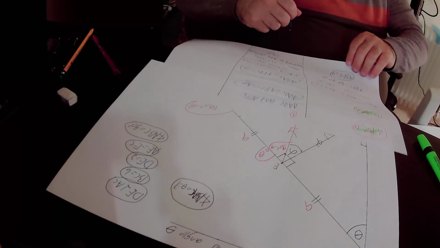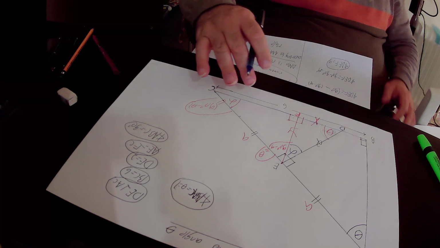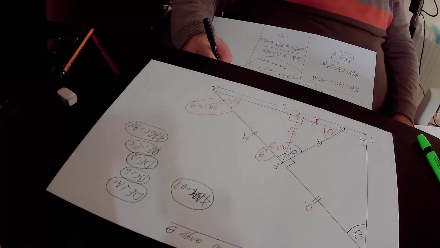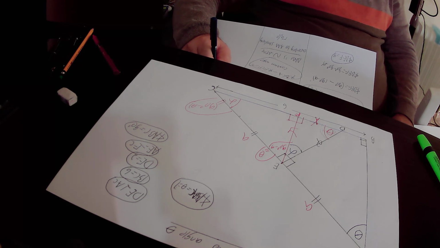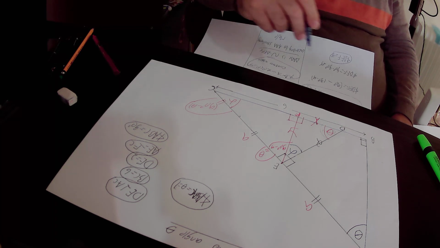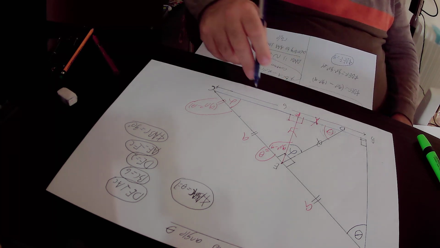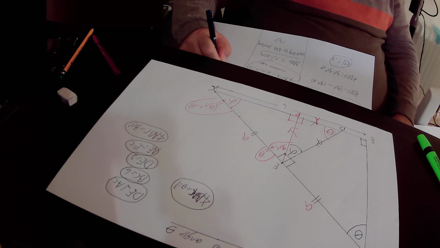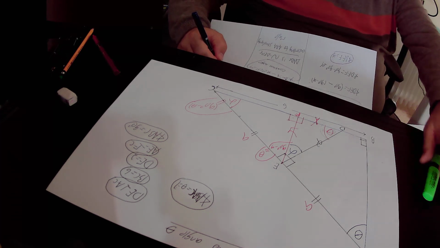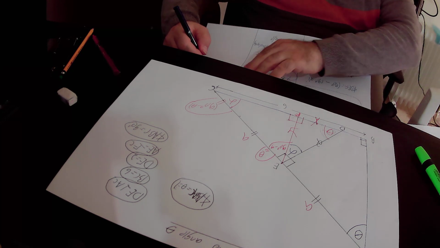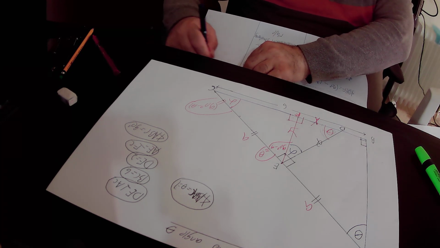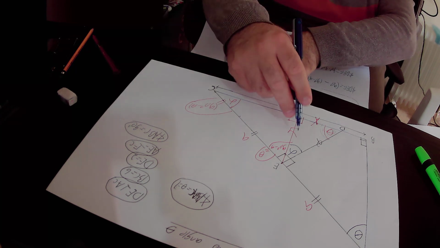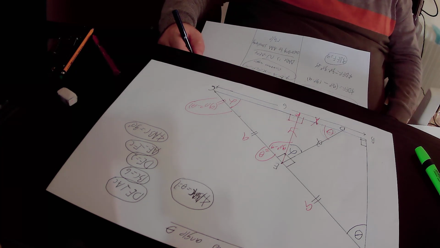Okay, and from the fact that triangle ABC is similar to triangle EFC, we will conclude, hence, AB over AC in the triangle ABC is equal to EF over EC in the triangle EFC.